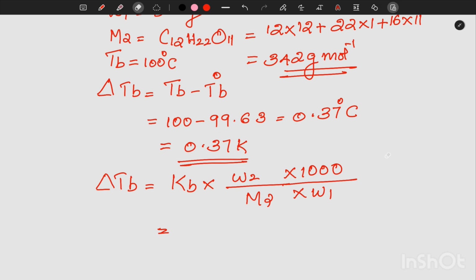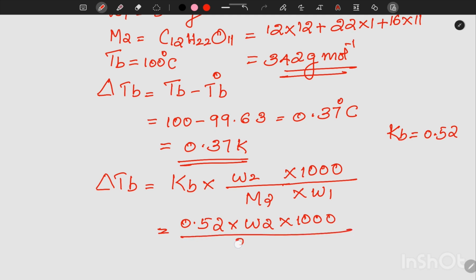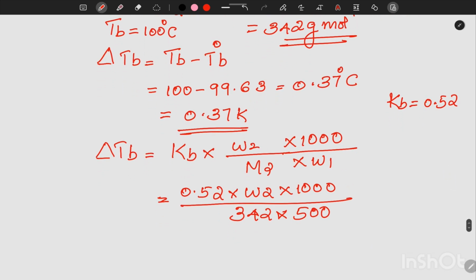It is 0.52. Kb for water is 0.52. So 0.52 into mass of solute that you have to find out into 1000 divided by 342 into mass of solvent 500, that is equal to 0.37.